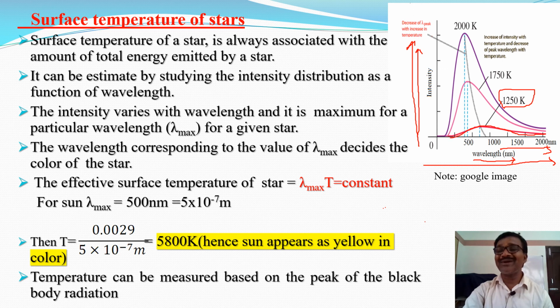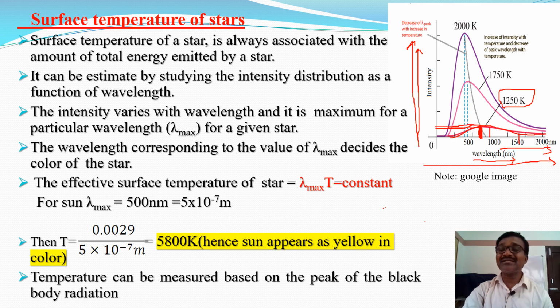This is 500 nanometer, 1000 nanometer, 1500 nanometer. In this case, only at a particular wavelength do we get maximum intensity. That particular wavelength we call lambda maximum. At this wavelength we get the maximum intensity from that object.